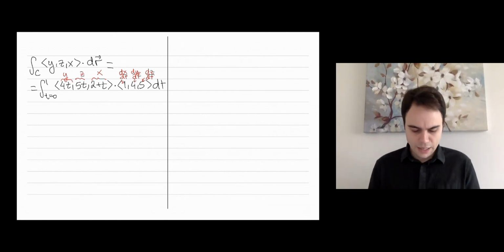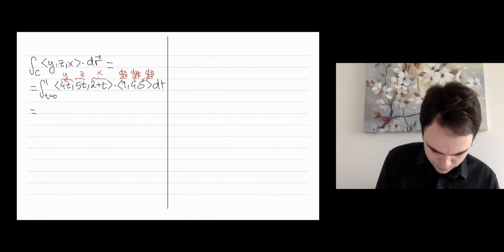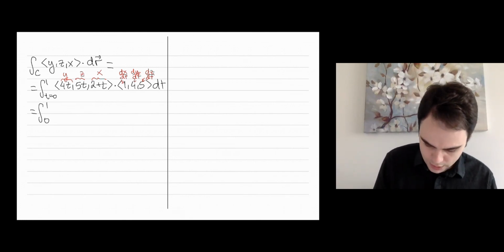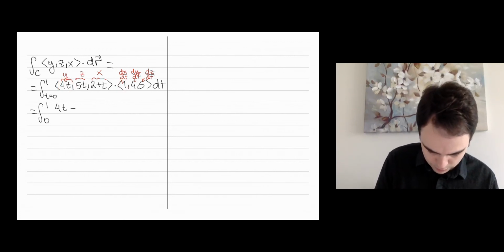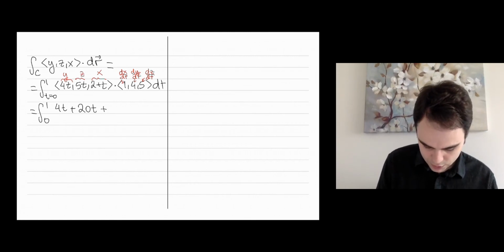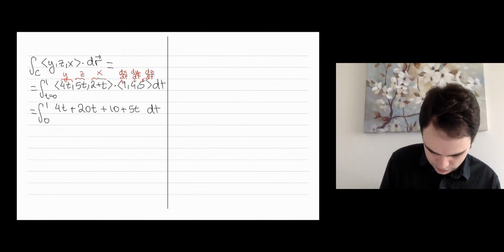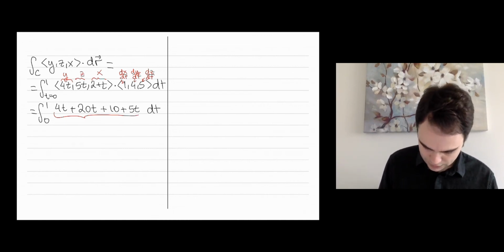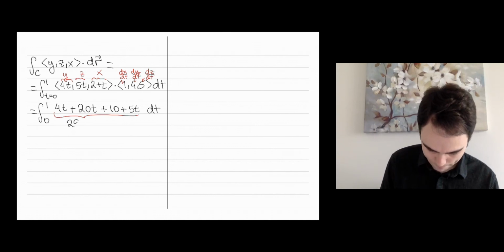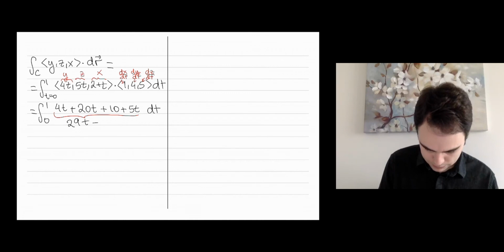This is now an integral that we can definitely evaluate. We're integrating between 0 and 1: 4t times 1 is 4t, plus 5t times 4 is 20t, plus 2 plus t times 5 is 10 plus 5t. So this amounts to 29t plus 10.